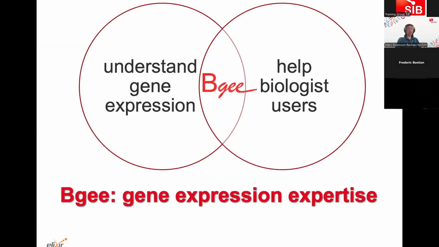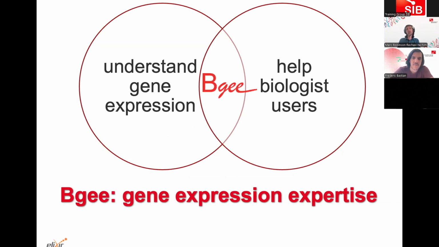And so this concludes the presentation, and then we'll go to open Q&A about everything about Bgee. As I said this morning, I hope you see that what we want to do is to understand gene expression and then use our understanding to make gene expression useful to you.